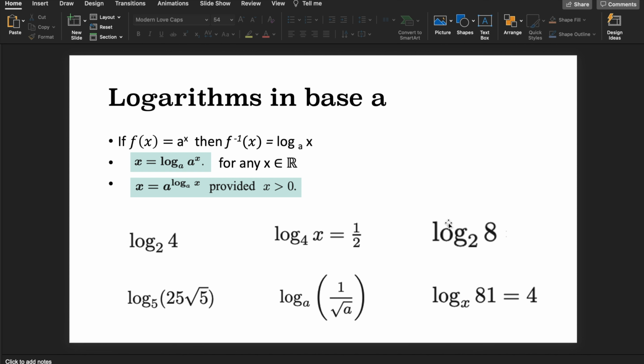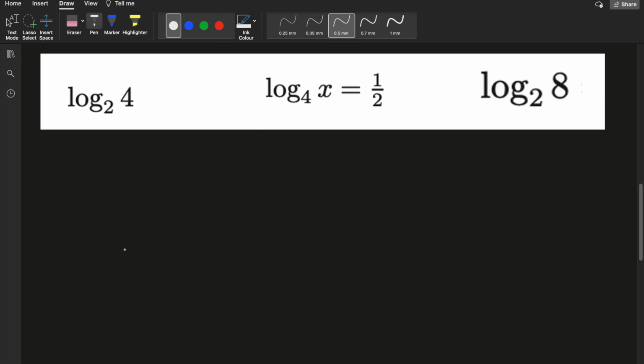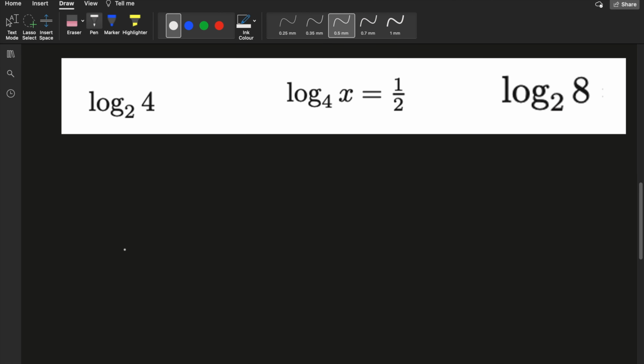So now let's solve these equations. We can write 4 as 2 squared. So since this value and the base are the same, we could just rewrite this as 2. Now let's solve this one.